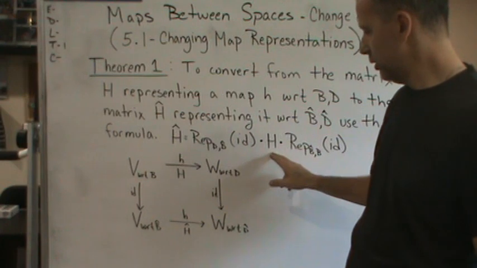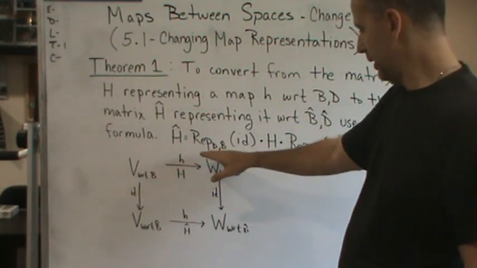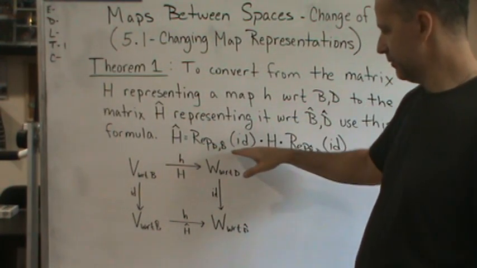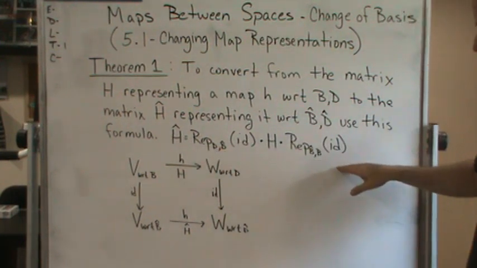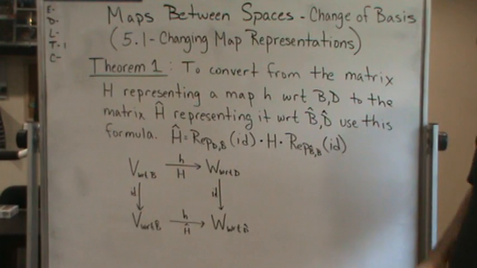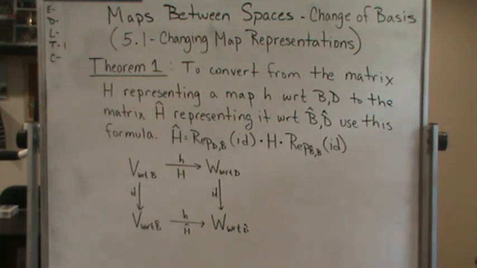Take the H, and we multiply on the left by this representation, this identity mapping, and on the right by this identity mapping. That will give us the new matrix, matrix H hat.